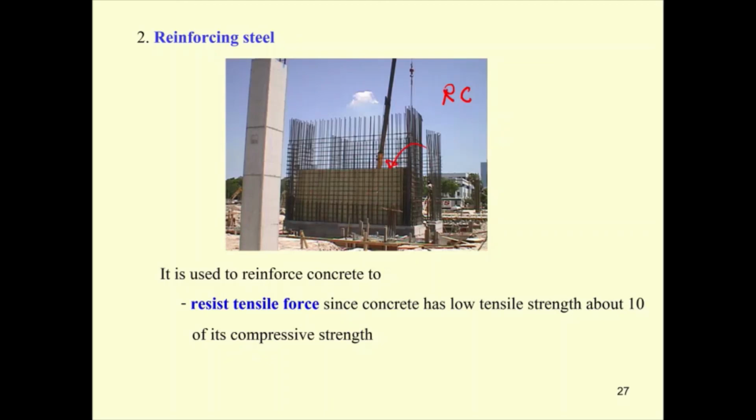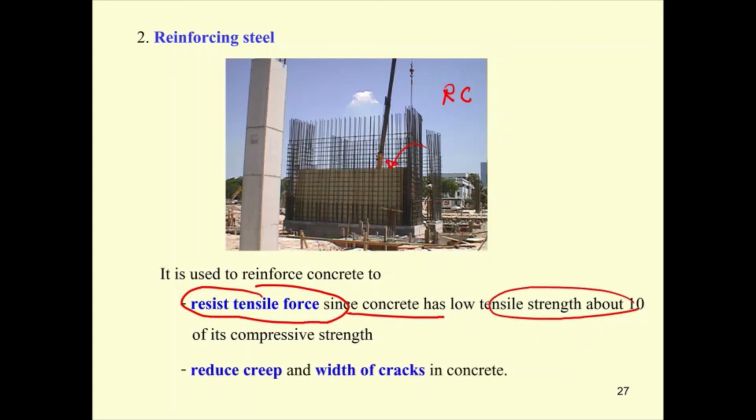When the concrete hardens, it covers the steel, and they are going to work together as a composite material. We put the steel into it because that helps the concrete resist the tension force, because the concrete has very low tensile strength. It's about 10 to 15% of the compressive strength.